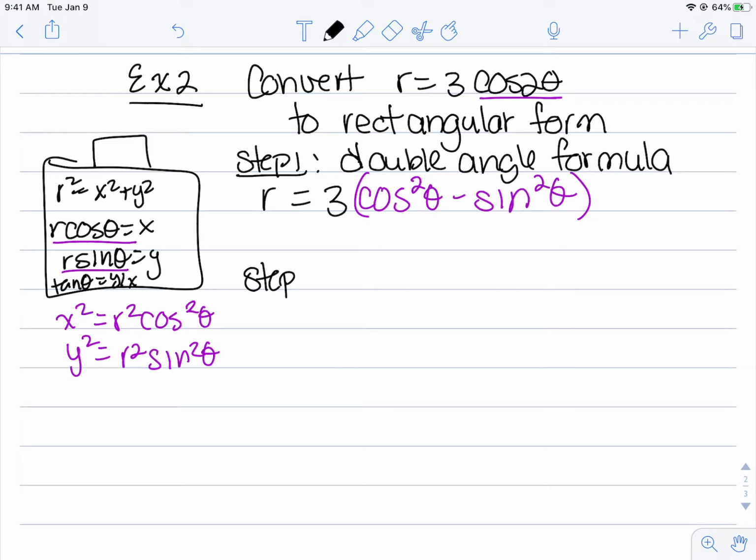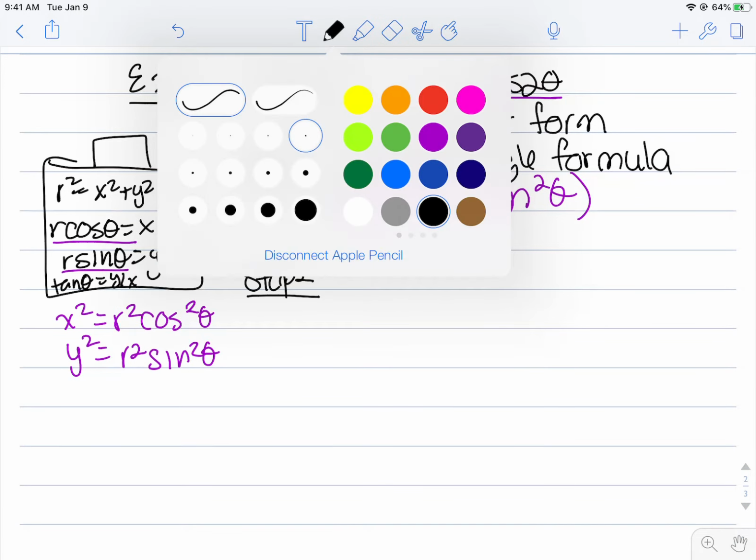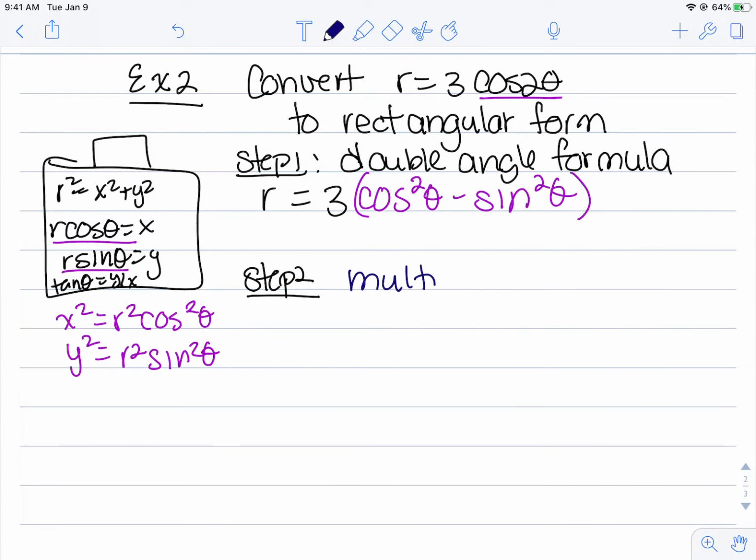And then step 2, now we can do what we did with the last problem, and we're going to multiply both sides by, let's see, if I multiply both sides by r, then on the right-hand side, I have 3r cosine square theta, and that's not something I can convert easily. So instead, I can multiply both sides by what? Very good, r squared.